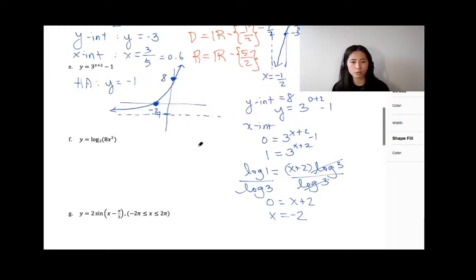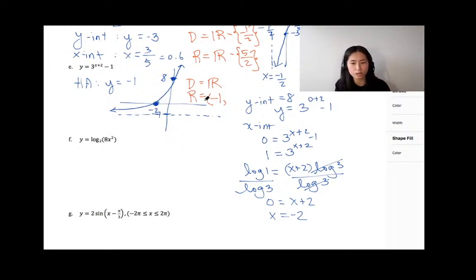Okay. Now, for this one, your domain is going to be all reals. And then your range is going to be, okay, if you look at your function, it's not going to be all reals anymore. Your horizontal asymptote is basically at -1, so you're only seeing your function above that. Let me rephrase that: you're not seeing your function at -1, but you're seeing your function above -1.